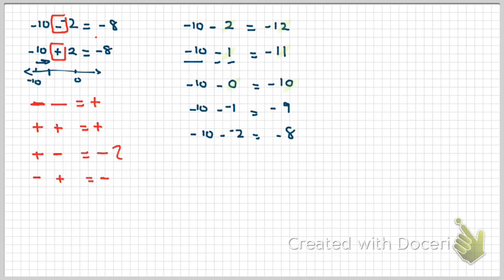Now, some students struggle to memorize that. I'm going to tell you a trick. When people get along, it's because they like each other. And when they like each other, it's a plus, it's a positive, it's a good thing. So a minus and a minus, they like each other. A plus and a plus, they like each other.